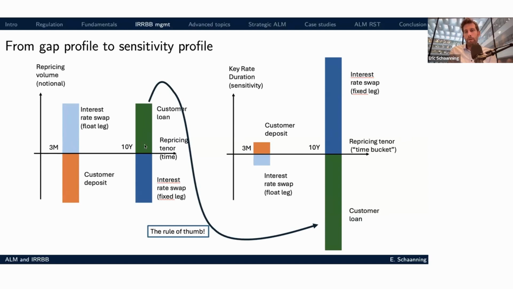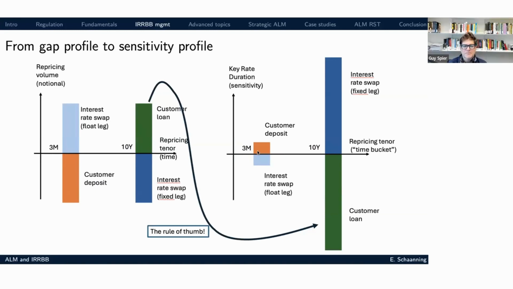So if rates go up by 1 basis point, which is what the DV01 profile assesses, then that's a loss of $175,000 per basis point. That's because rates have gone up, but we're still receiving the same fixed rate for the next 10 years. That's, of course, a larger loss than if rates go up and we receive 1 basis point more, but we only receive it for the next 3 months.